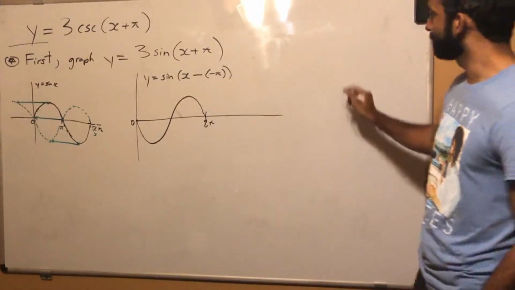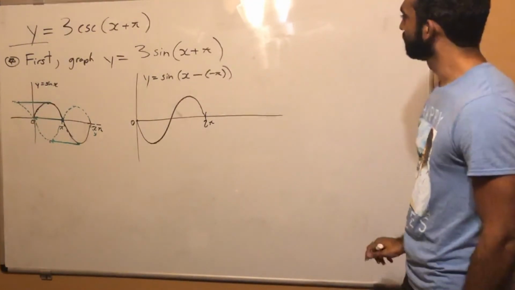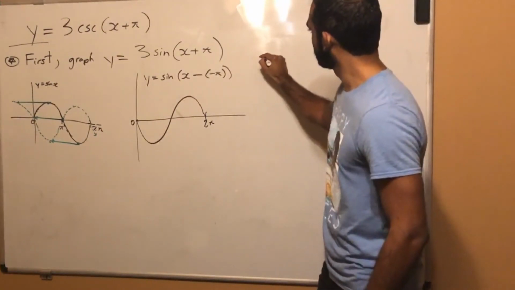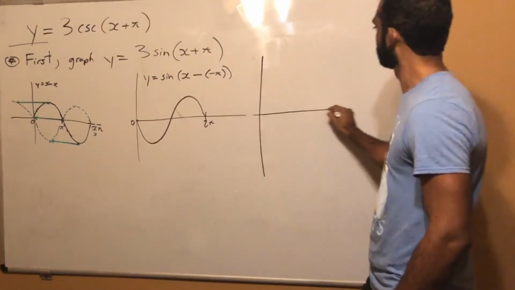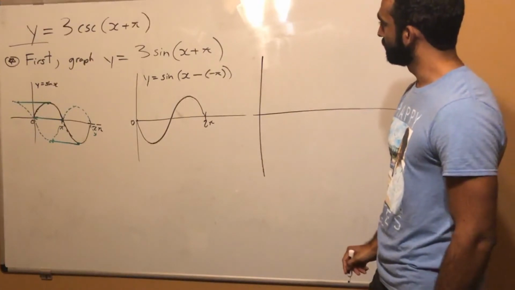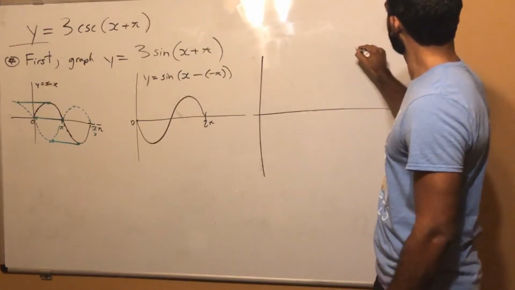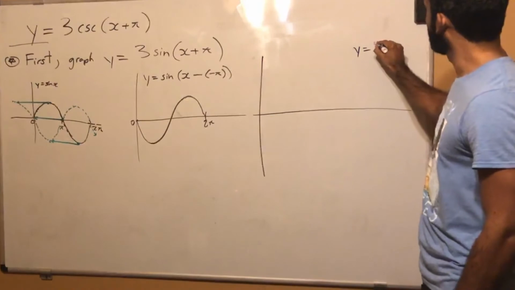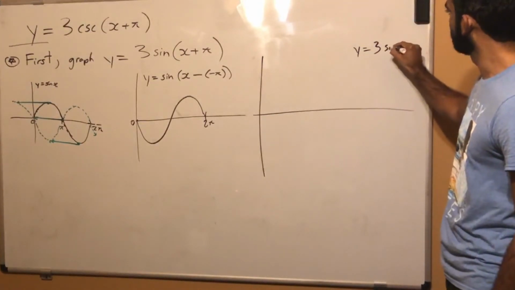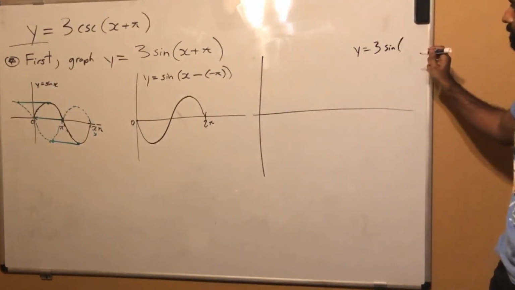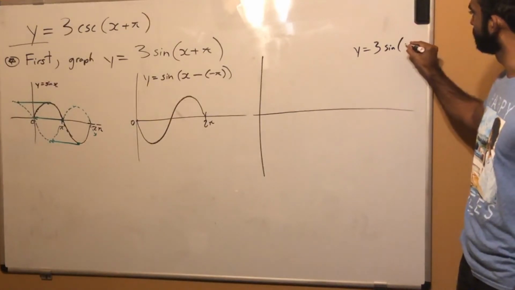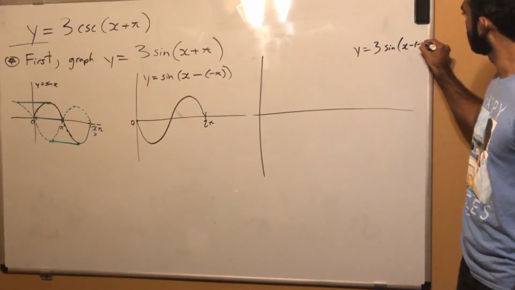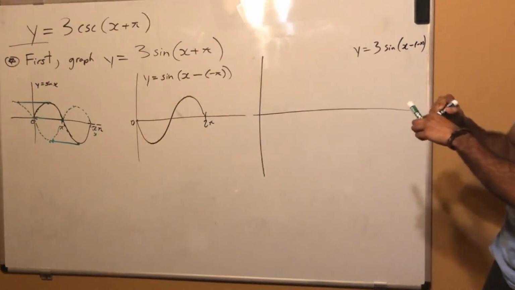And final step for graphing this guy is to multiply that by 3. So I want to say y is 3 times all that. That's an example of what kind of transformation? A vertical stretch. Yes, vertical stretch with a factor of 3.